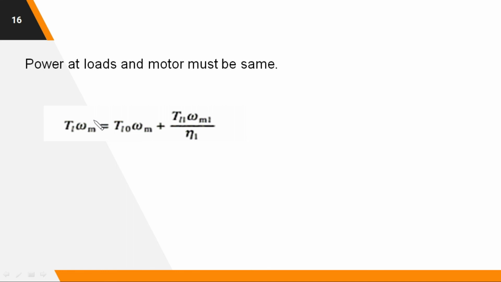Again, if we divide all terms by omega_m, the last equation is TL is equal to TL0 plus TL1 upon efficiency, and omega_m1 upon omega_m is equal to a1.